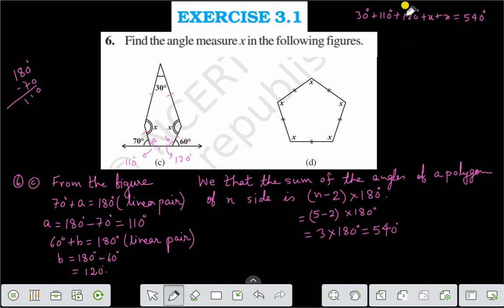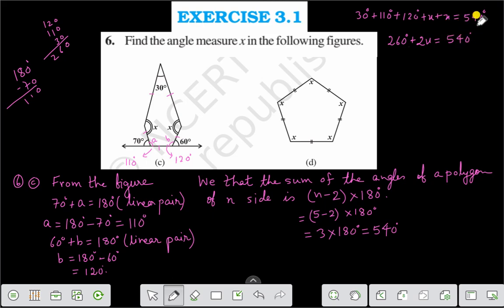If we add all the numbers, 120 plus 110 plus 30, we are getting 260 degree. Plus x plus x, that is 2x, is equal to 540 degree.